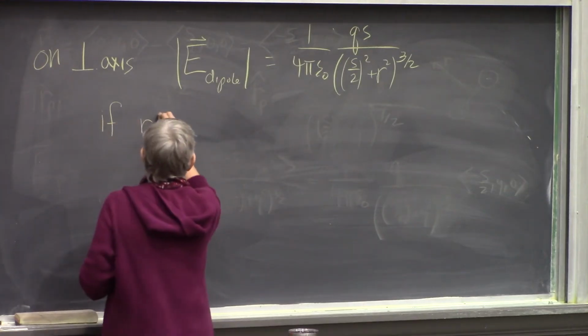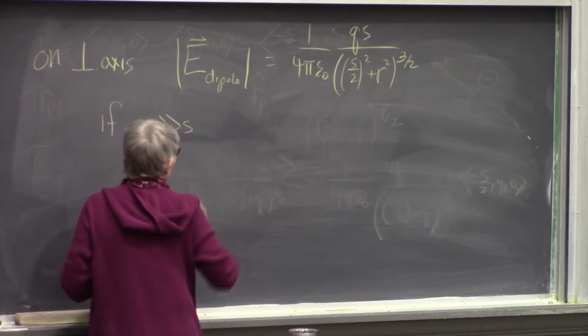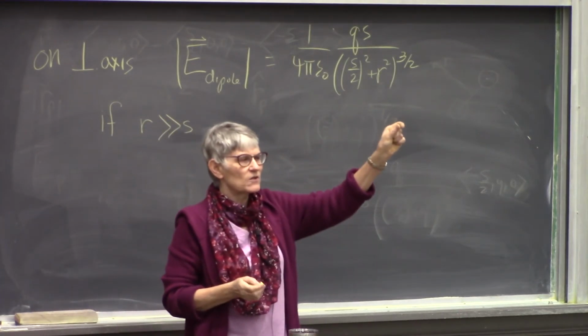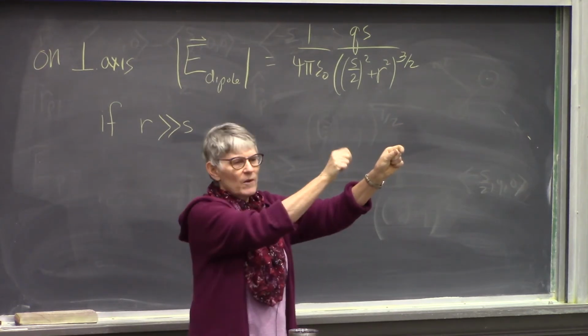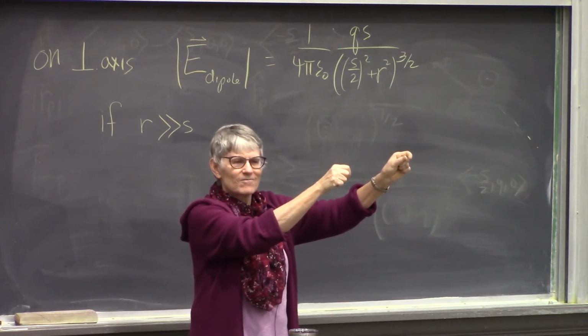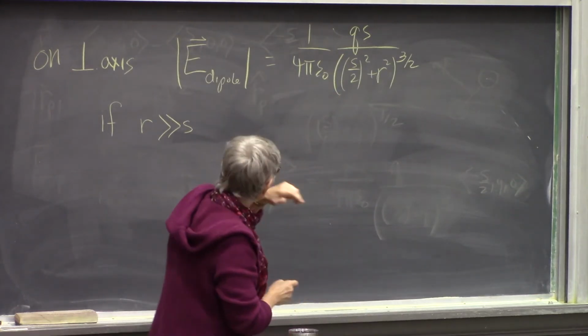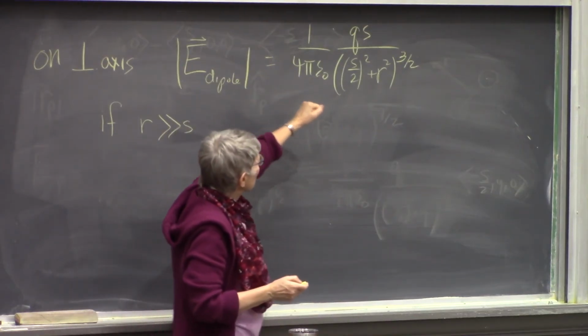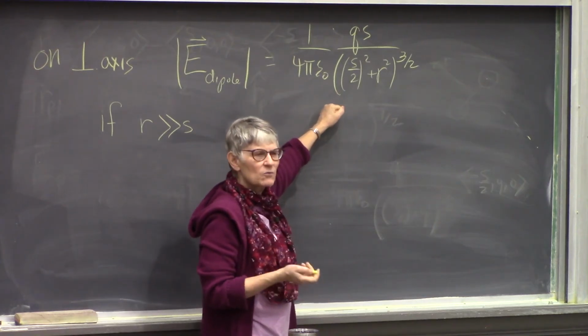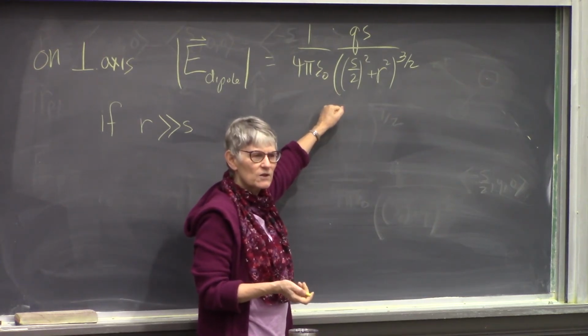Dipoles are kind of like that, and you mostly are measuring the field at a distance farther away than the dipole separation. What approximation can we make to simplify this equation now?